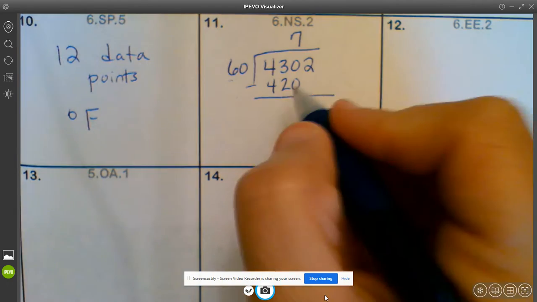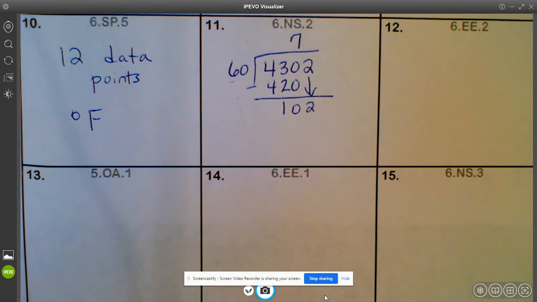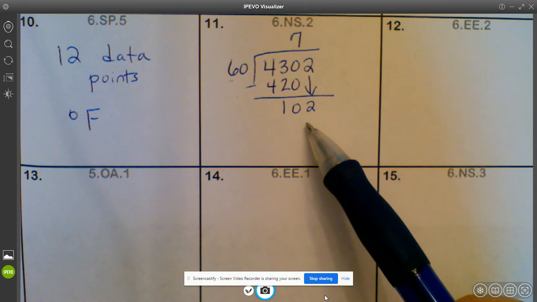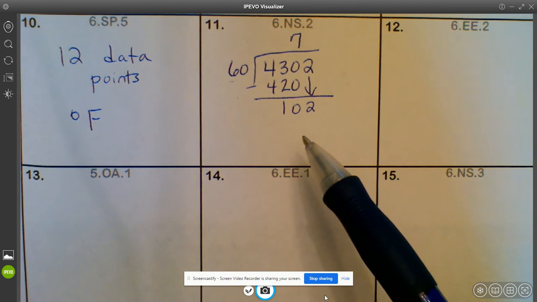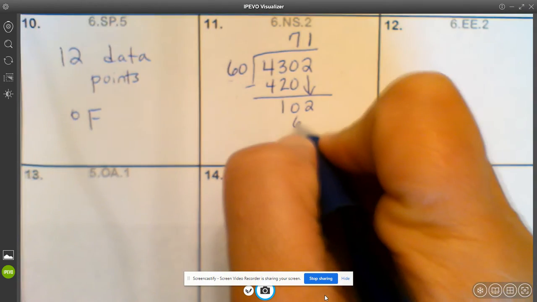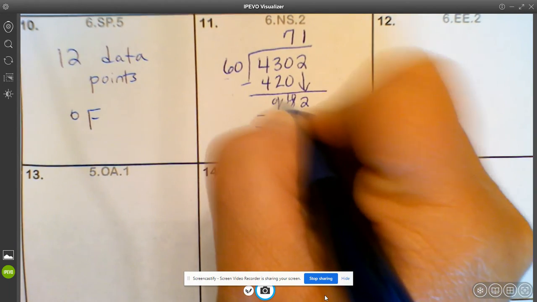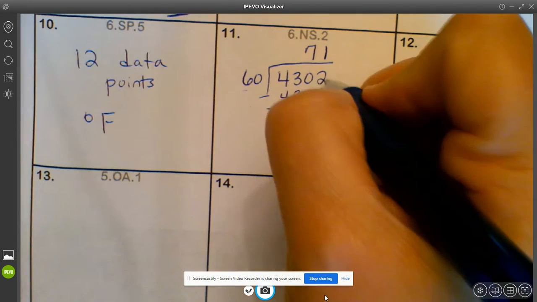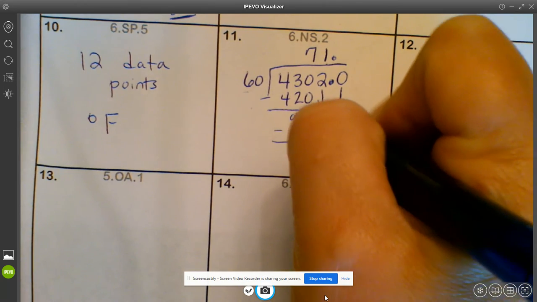Write that down and I subtract. I have 10 left over and bring down my 2. So now how many groups of 60 will go into 102? 2 groups of 60 would be 120, and that's too large. So we're only going to be able to fit 1 group of 60. And if I subtract, I have 42 left. So I'm going to add a decimal point and a 0.